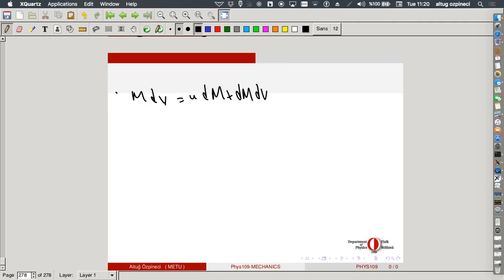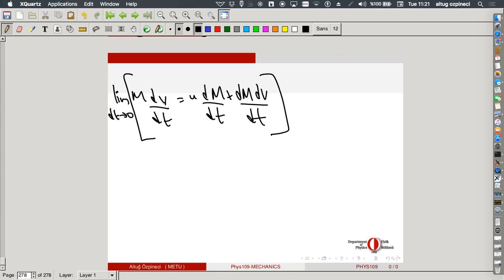For example, one thing that we had done here was divide by dt and take the limit as dt goes to 0 of both sides. Now let's see. The left-hand side just becomes the mass at the time t times the acceleration of my rocket at the time t, which is equal to u times the rate of change of the mass of the exhaust.